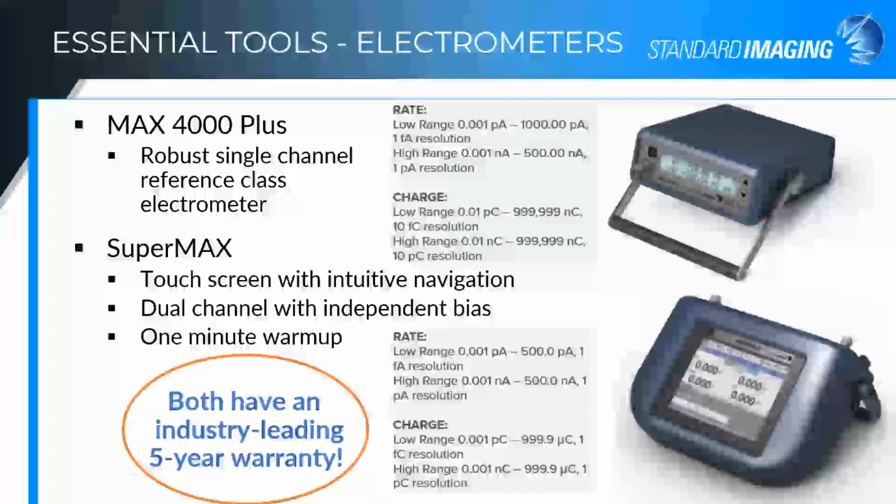The signal generated by an ion chamber is directly proportional to its air volume, its active region. And so as you go down into these small ionization chambers, you get much less charge. So you need an electrometer that can handle those low ranges.